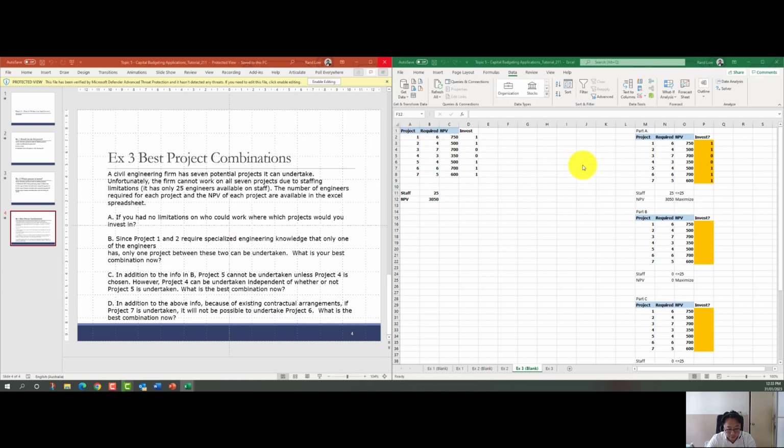Remember what we had before: project 1, project 2. You can only do 1 0 or 0 1. 0 0 is fine, but 1 1 is not.